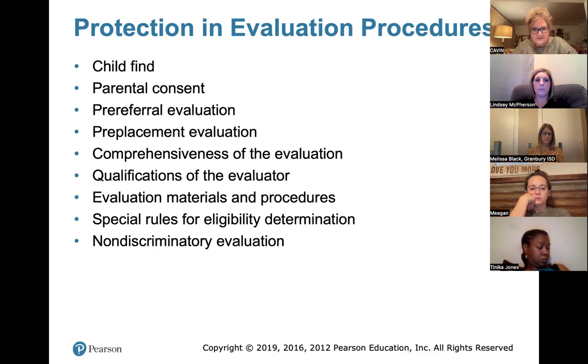We have to use standardized instruments, and we have to follow the procedures. And we've talked about that a little bit already in our other class. There are some special rules for determining eligibility. We've got some exclusions that we have to make sure that we rule out, and other things that we have to consider. And we have to make sure that we're not discriminating against the children that we're evaluating by using biased instrumentation.